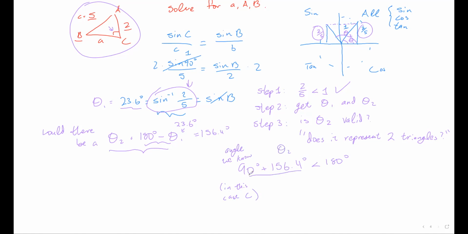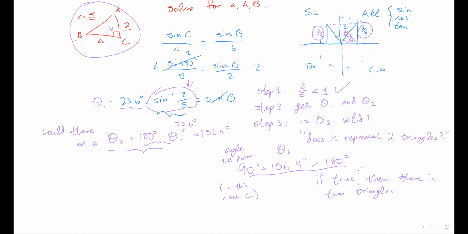If this is strictly less than 180, then if true, there's two triangles. Okay, is that making sense so far? Yes, it is. Okay, great.